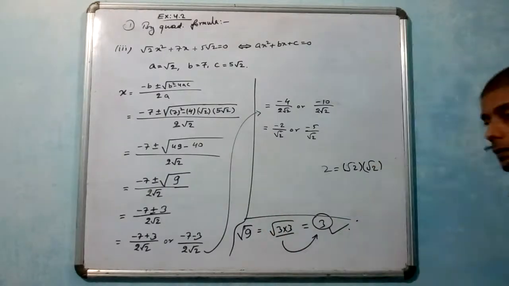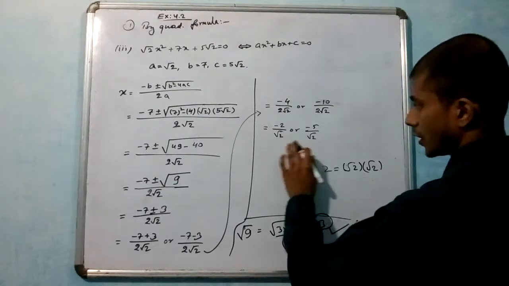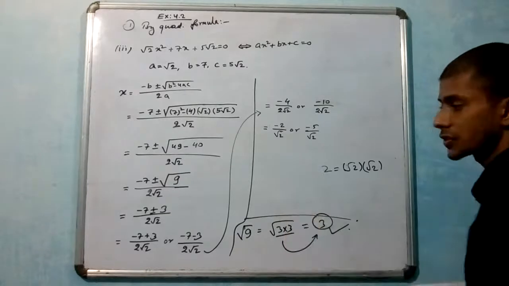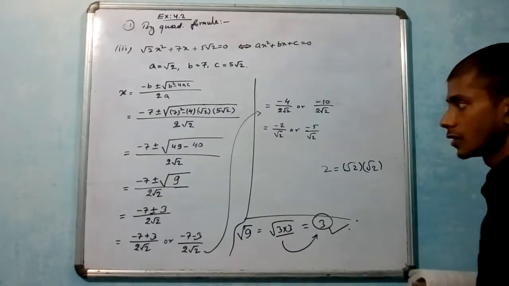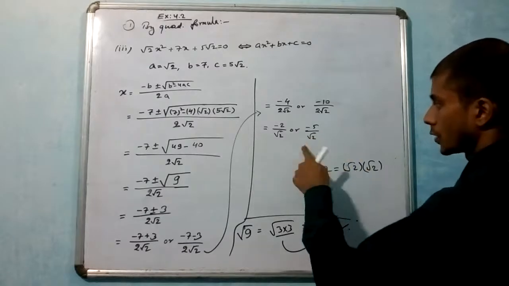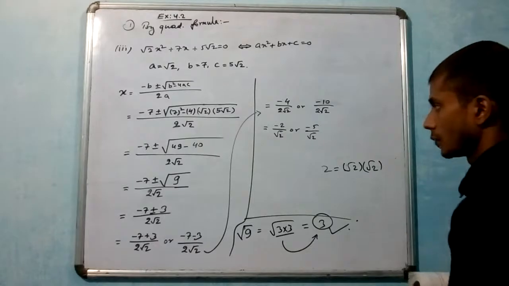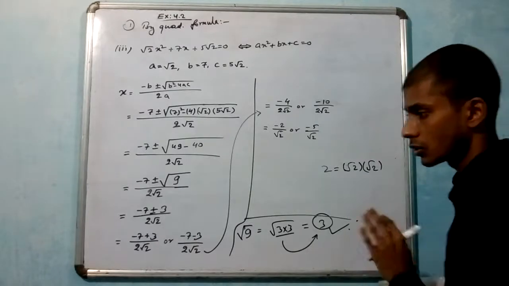But the preferred way, what we should prefer is to rationalize this denominator. These two denominators are irrational, no? So our work should be, let us rationalize these denominators. Means in the denominator part there should not be any irrational number.